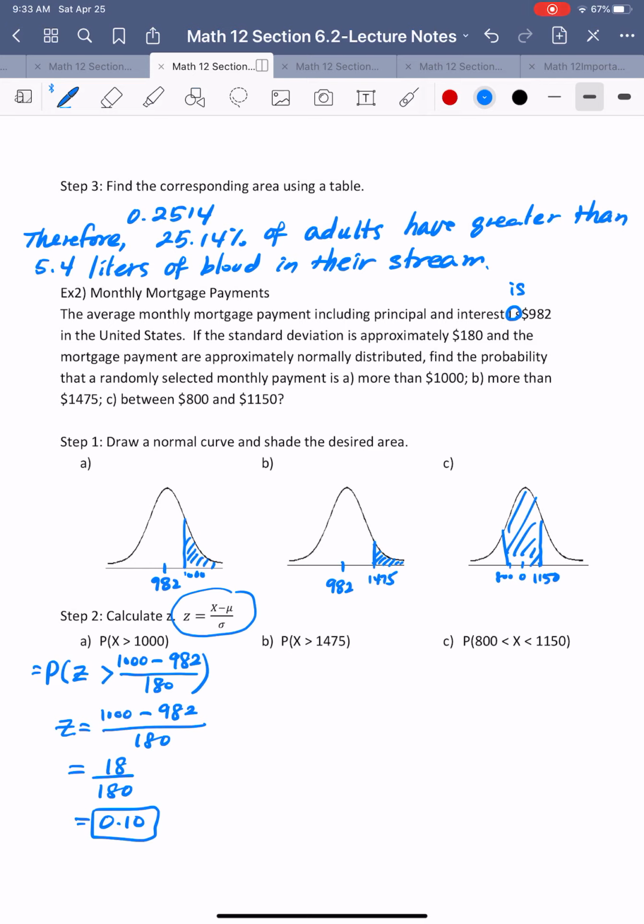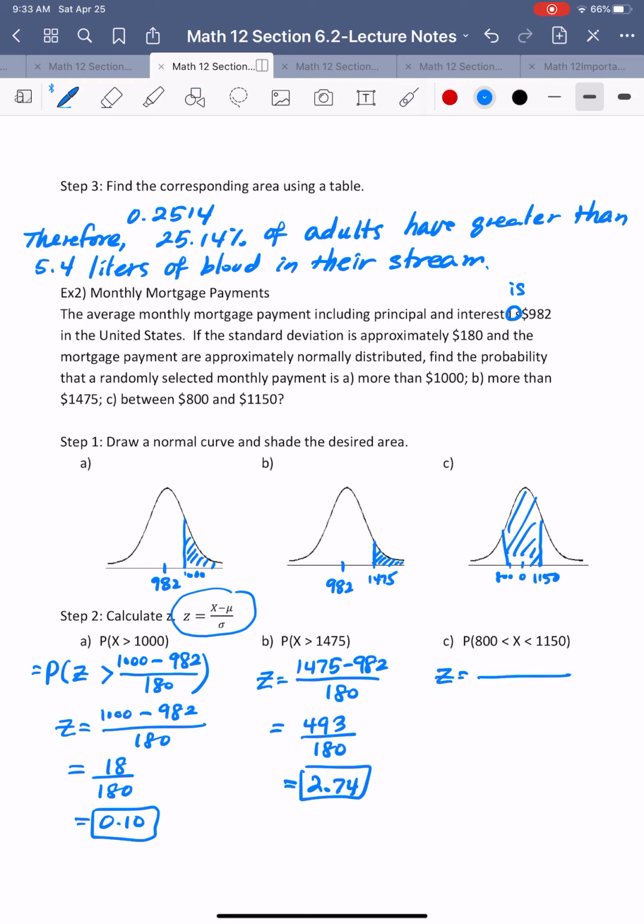For the second one, z was 1475 minus 982 divided by 180. That becomes 493 over 180, which is 2.74. And for the third one, we have to find two z-scores.